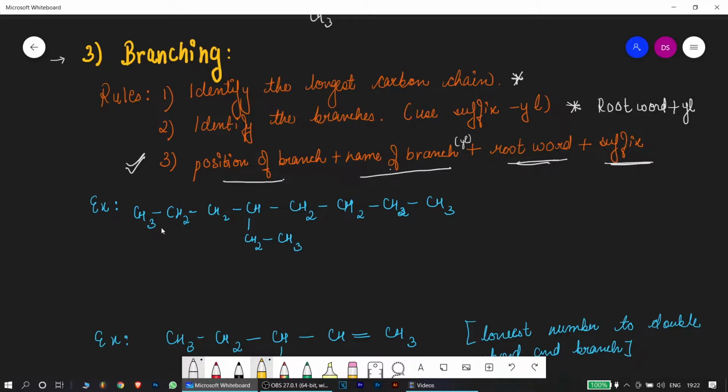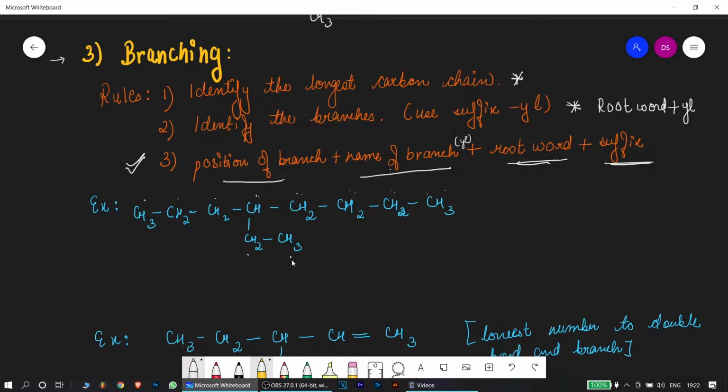Now coming to this, first is the identification of the longest carbon chain. Now if we look here, we can start counting 1, 2, 3, 4, 5, 6, 7, 8. We have 8 carbons which are directly connected to each other. So this can be one of the chains. Then 1, 2, 3, 4, 5, 6, 7.